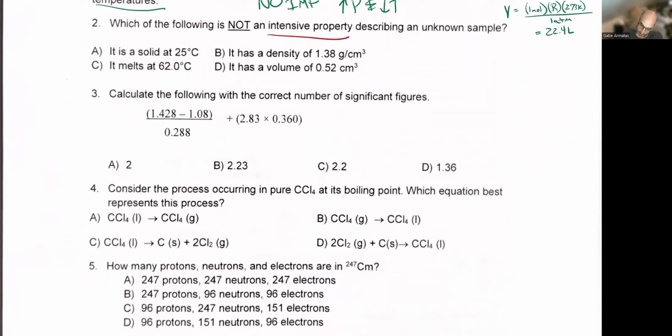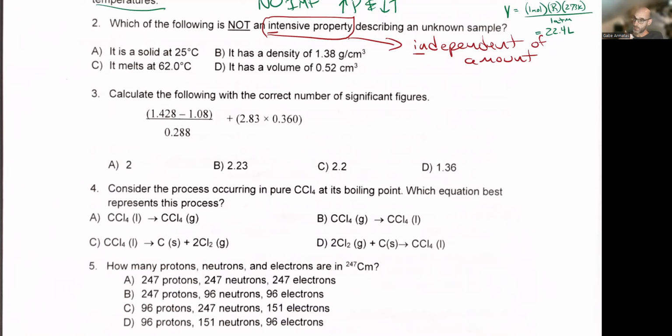So we've got a term here, intensive property. That means it is independent of amount. So regardless of how much you have, it's going to be independent of the amount, as in the density is always going to be the same.